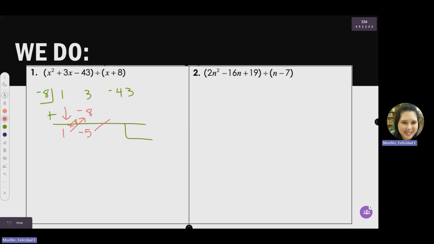We're going to multiply that by -8 and we get positive 40. -43 plus 40 is -3. So remainder, constant, x. So x minus 5 minus 3 over x plus 8.